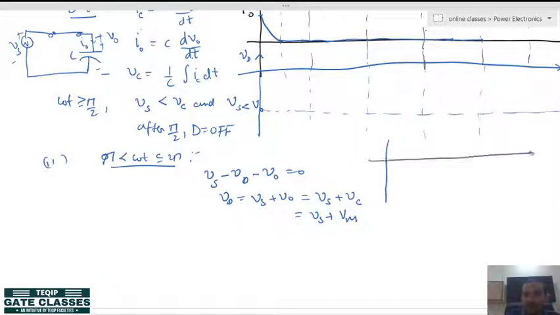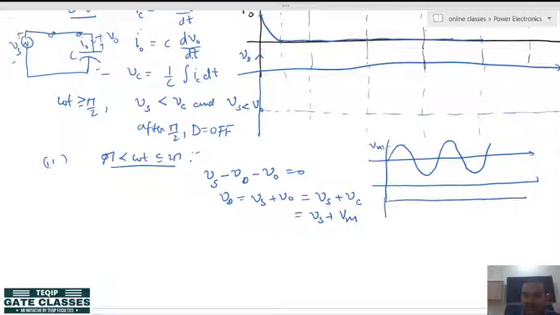Let us say this is the input sine wave which we have, and this is the peak voltage Vm, and if you are shifting this sine wave downwards by Vm, this is minus Vm.